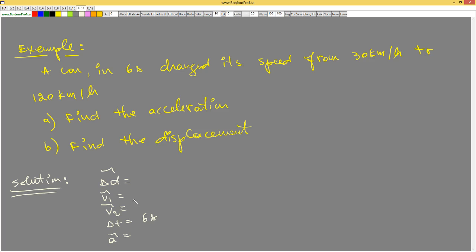V1 is 30 kilometers per hour, and V2 is 120 kilometers per hour. What do I have to do first? Change the units. You have to do it right now. Change the units here for V1 and V2.